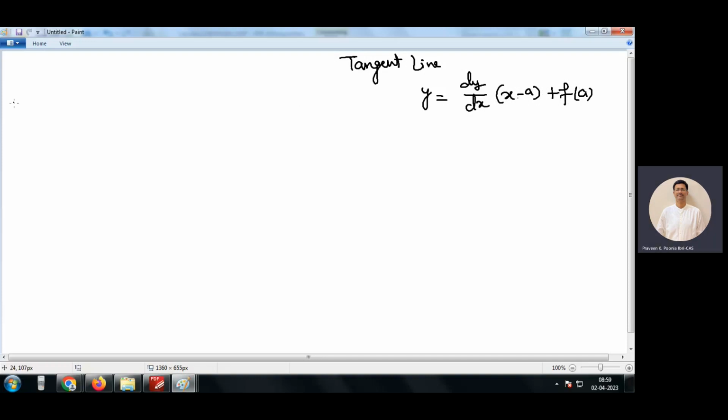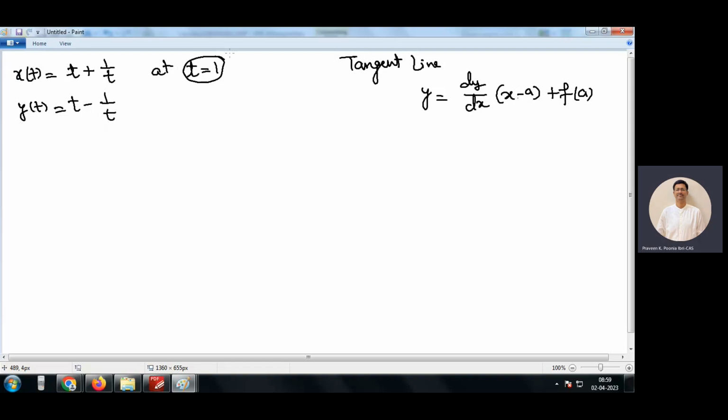This is the equation. And the question is: if x(t) is equal to t plus 1 upon t and y(t) is equal to t minus 1 upon t, we need to find the equation of the tangent line at t is equal to 1.